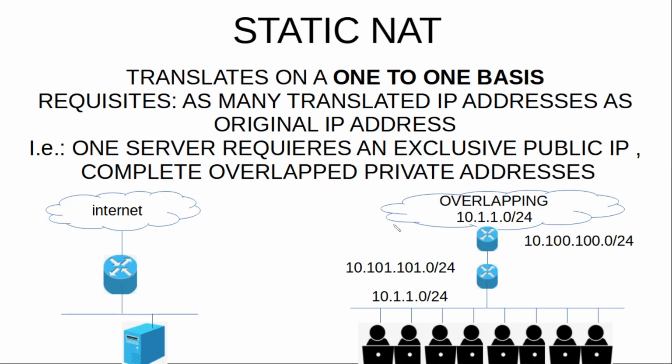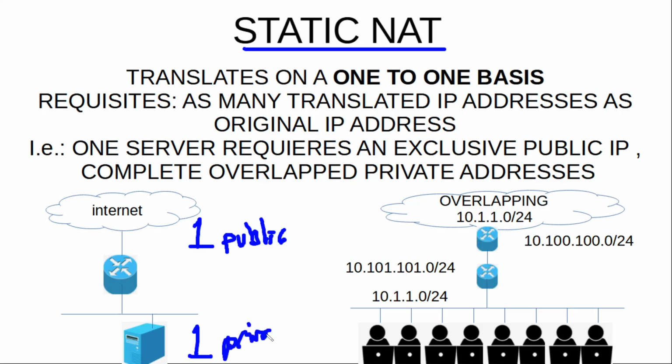So let's examine this. For instance, you may want to use a static NAT. If you have one server with one private IP address and you have one public IP address, so you have one public and one private. Let's say that this server is providing several services. It is providing web services, DNS services, FTP services, and probably remote desktop services, and so on.